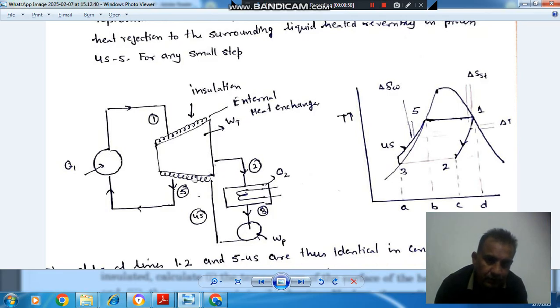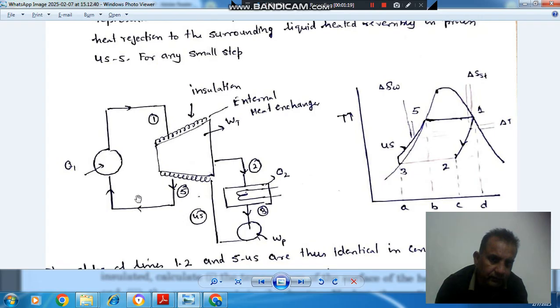Starting from 1, there is expansion of steam to 2, and then it is fed to the condenser, and then 3 to 4 is the pump; water is pumped, and this condensate is now fed around the turbine so that it gets heated, and reaches 5.